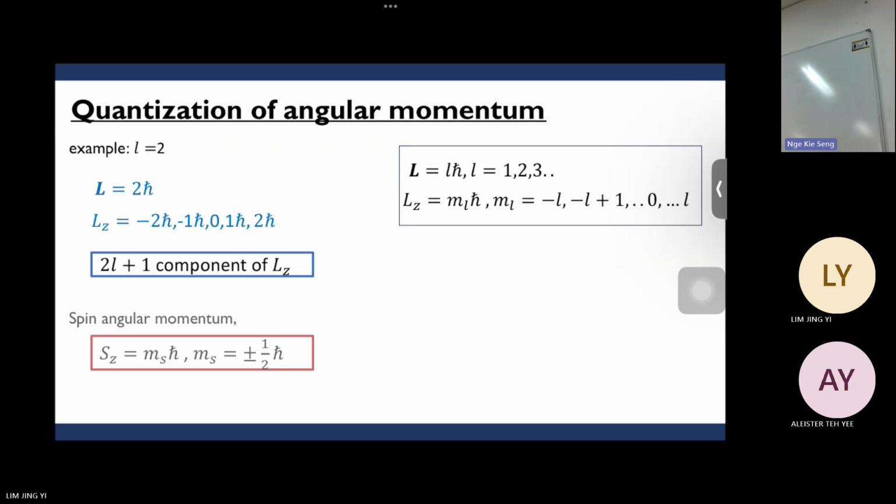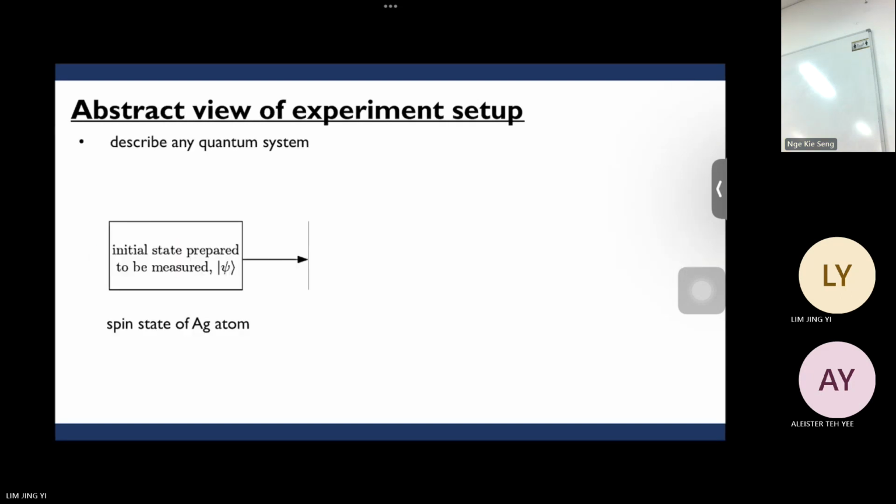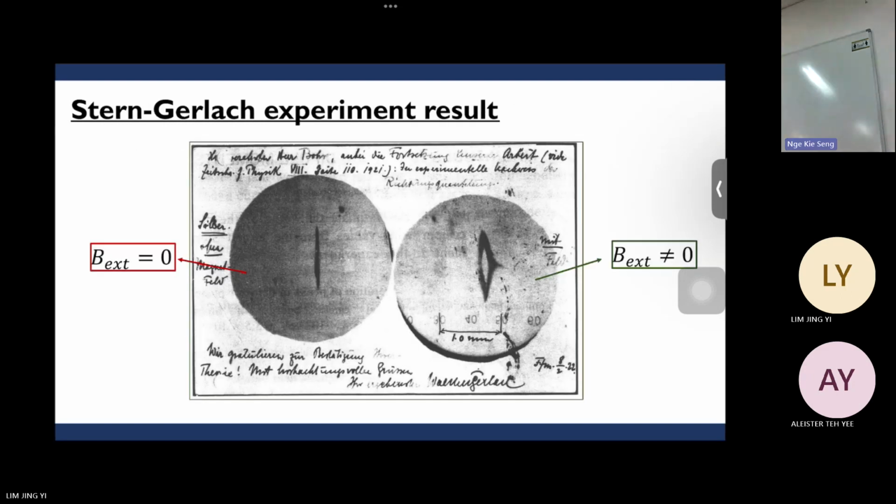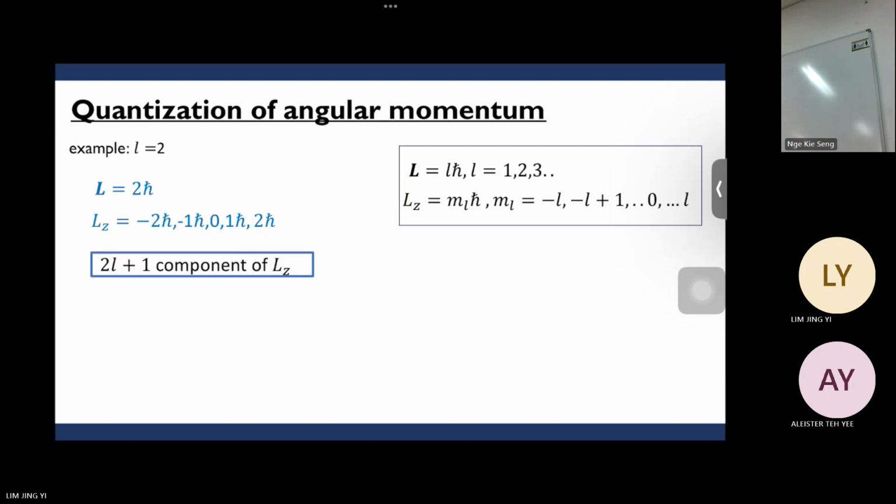Which means that the angular momentum contributing to this magnetic dipole moment is not coming from the orbital angular momentum, but from some other angular momentum. They postulated this type of angular momentum as the spin angular momentum, or in simple words, just spin.